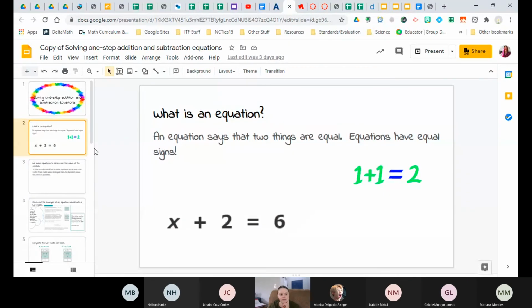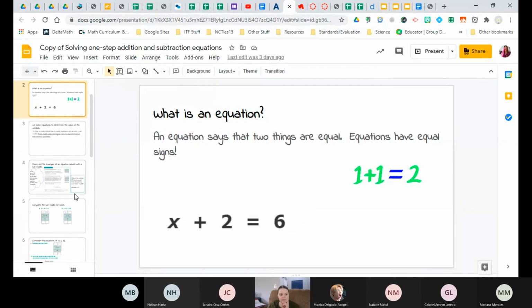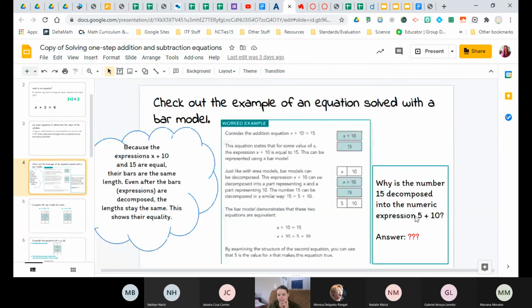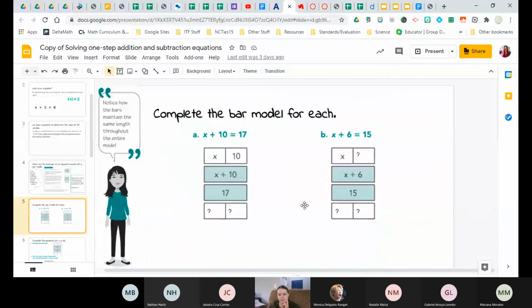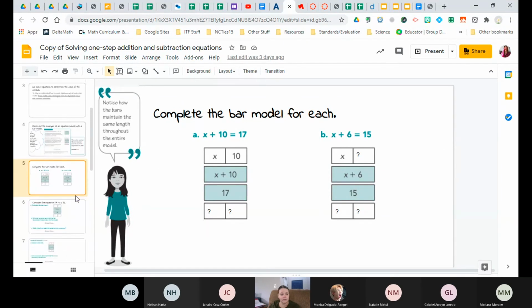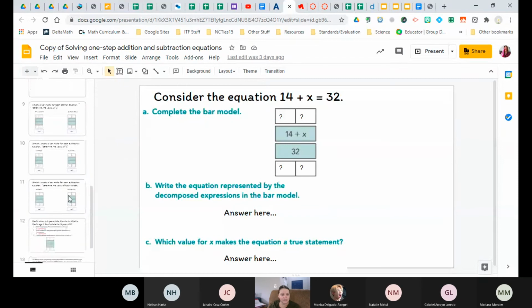So we went through slides 2, 3, 4, and 5 together. Okay, so you have this answer for slide 4, and you have these missing pieces for slide 5. What you are going to do for your assignment today is complete the rest of this.